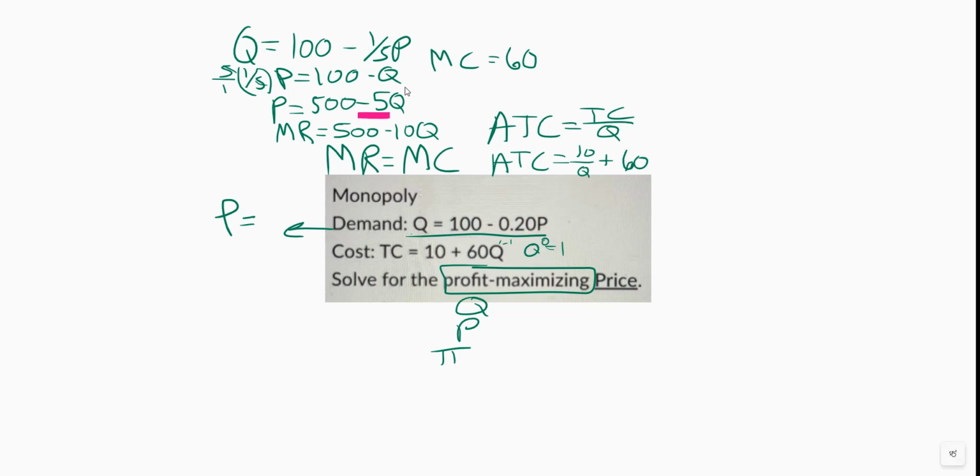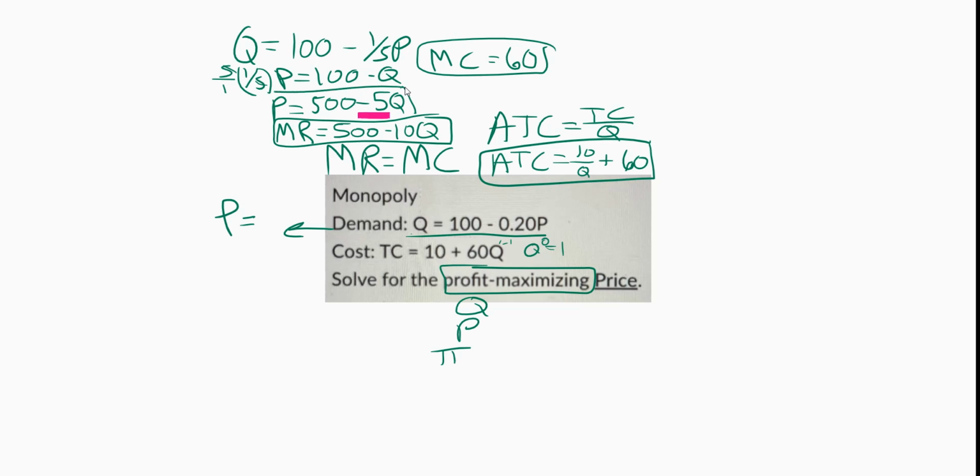So I'm going to take these 3 equations. No, I need 4 equations because I need the demand function too. Into Desmos, and then we're going to graph them and we'll see the answer.